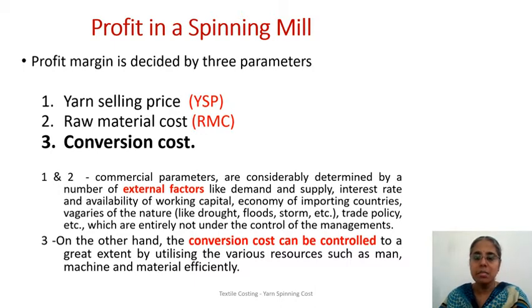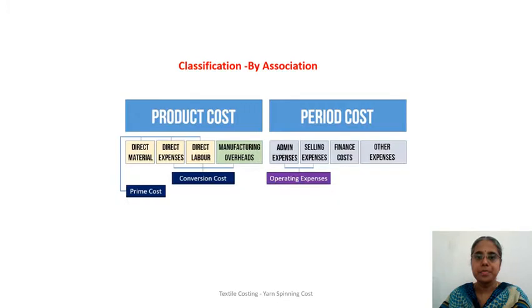It is in the markets. According to the market fluctuations, the cotton prices have wide variations, but no such wide variations are there in synthetic fiber cost, while in cotton cost the variations are very high. This conversion cost, we have already seen in the classification by association.